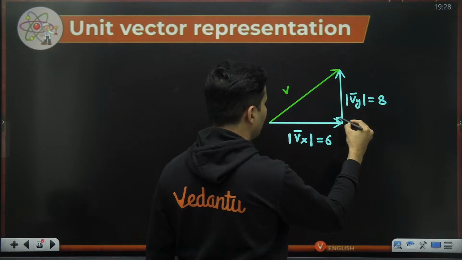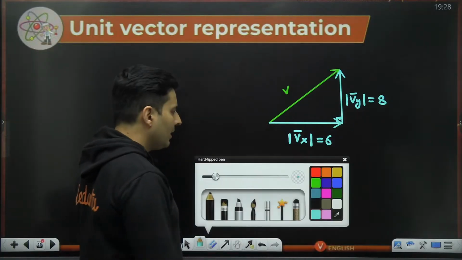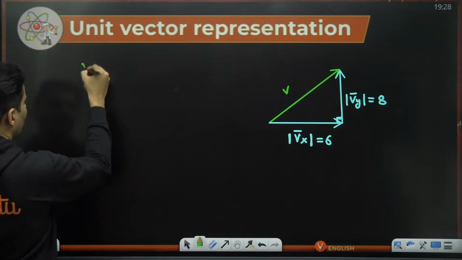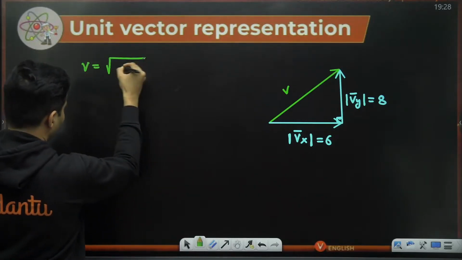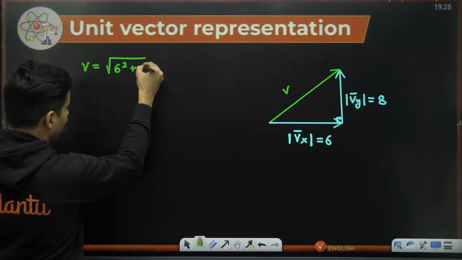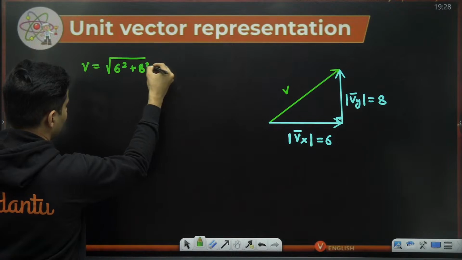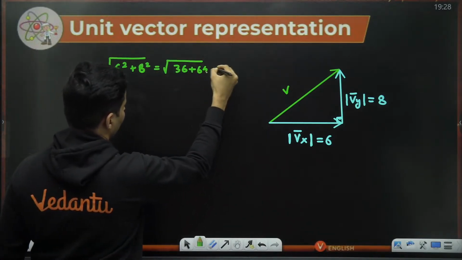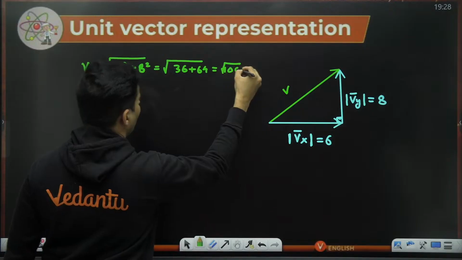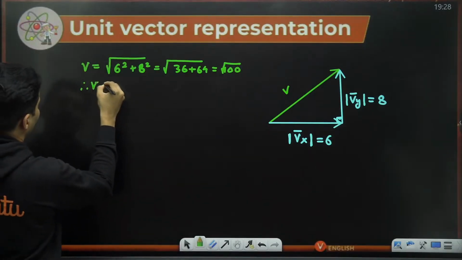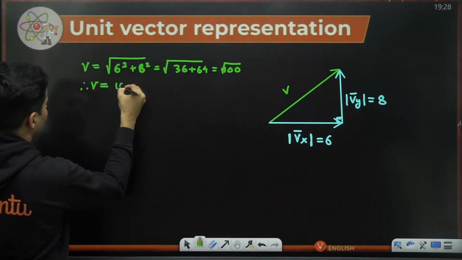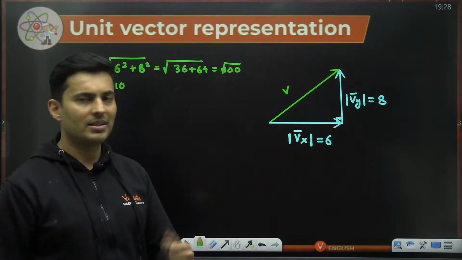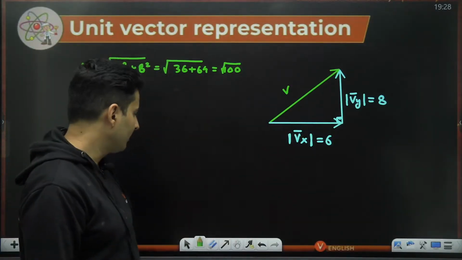They are perpendicular to each other. If you ask me the total vector's magnitude, I will use the Pythagoras theorem: 6 square plus 8 square, which is 36 plus 64, which is root 100. Therefore, the magnitude of that vector is 10 units. Isn't it? Yes, sir. Correct.